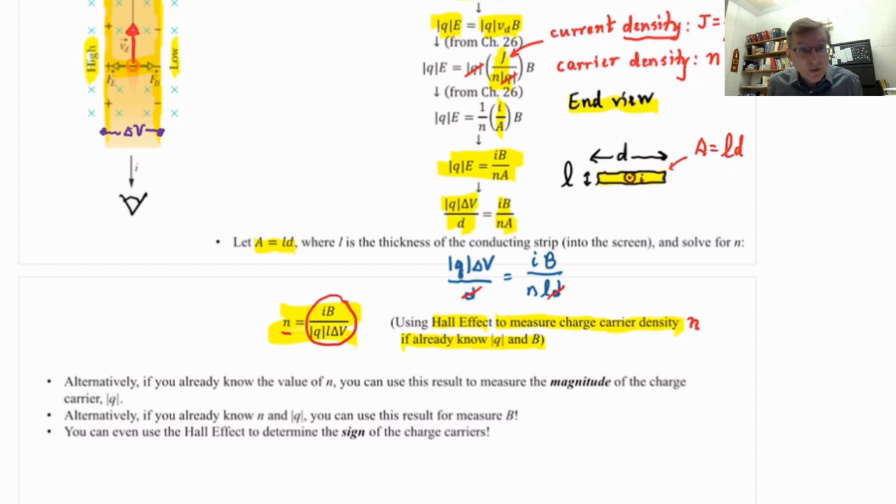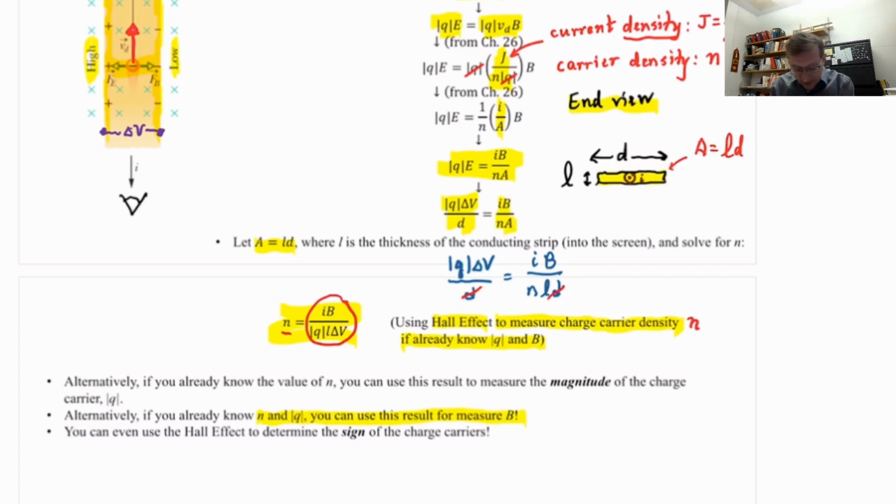Okay? All right. Now, let's suppose you've already done this measurement for copper in order to figure out N, the carrier density. And now you want to do more experiments with copper and the Hall effect. Probably the most common thing you would use it to do, assuming you already know N and Q, is use that formula up there to measure B, the magnetic field that the copper is in.